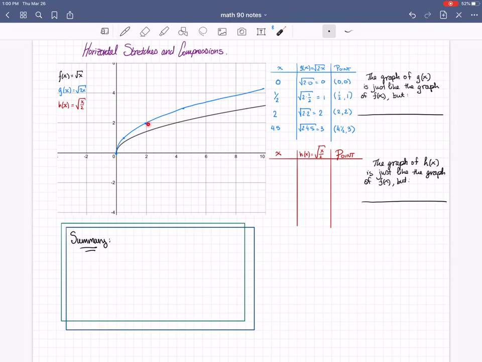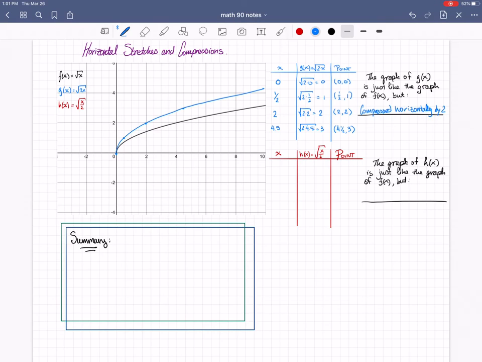We kind of push them inwards. So the graph of g of x is just like the graph of f, but compressed inward. Compressed horizontally by 2.